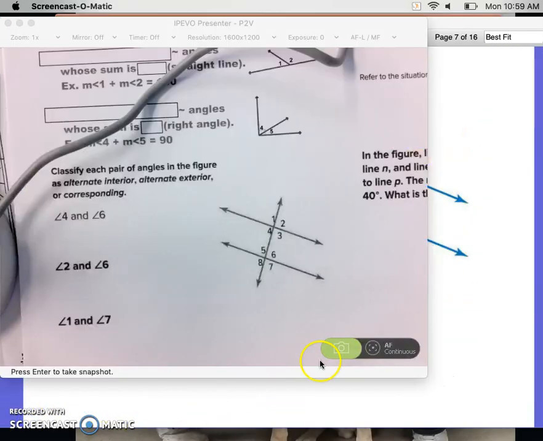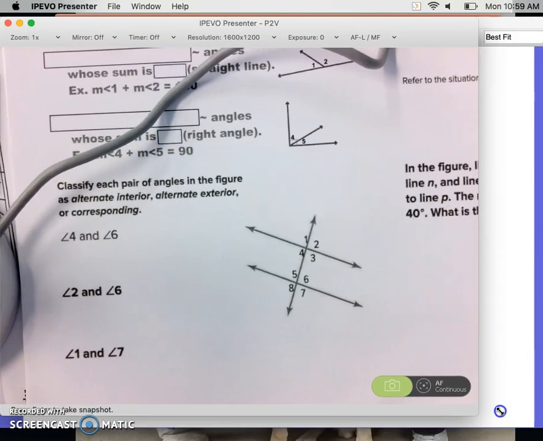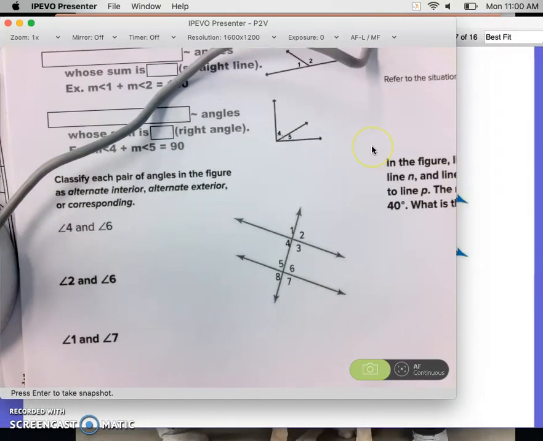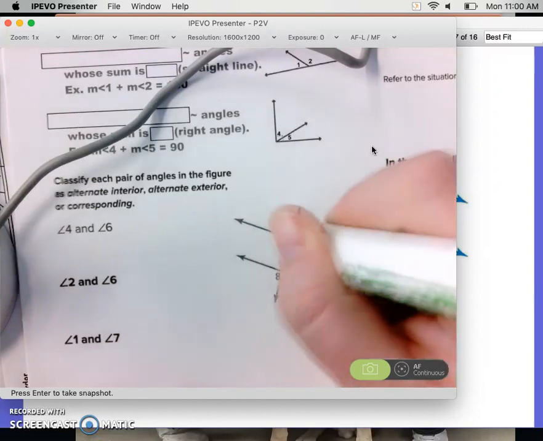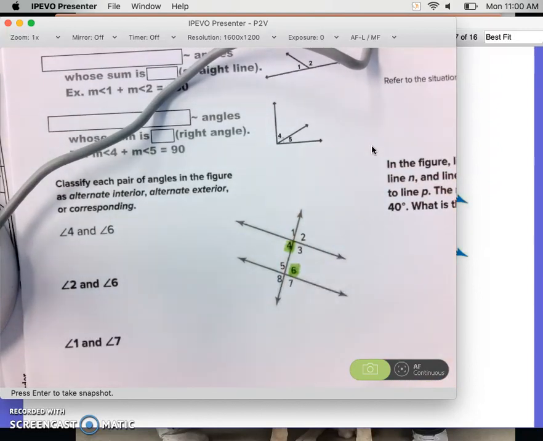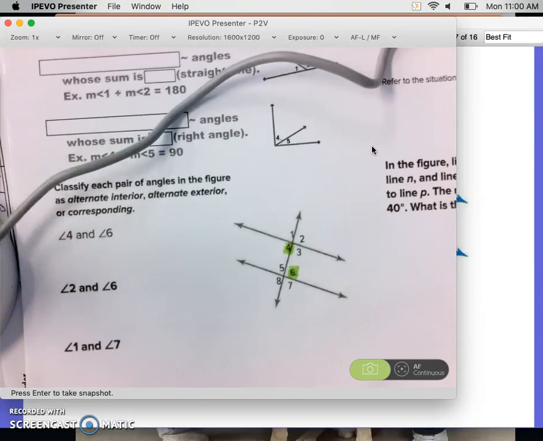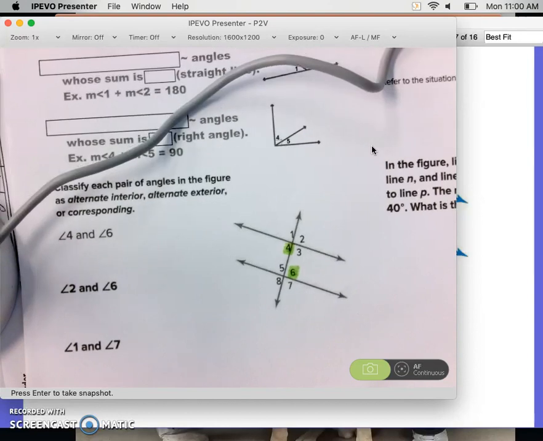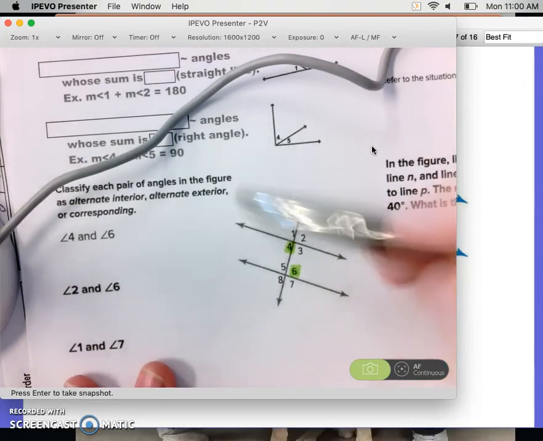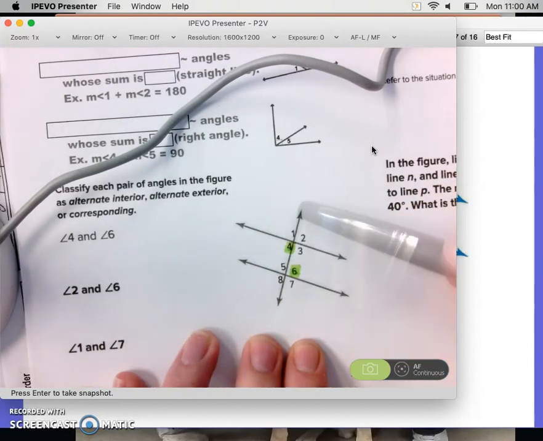Classifying each pair of angles in the figure as alternate interior, alternate exterior, or corresponding. So 4 and 6, highlight 4 and 6. I need to think about that as, are they on opposite sides of my transversal? So here are my two parallel lines, so this has got to be the transversal.